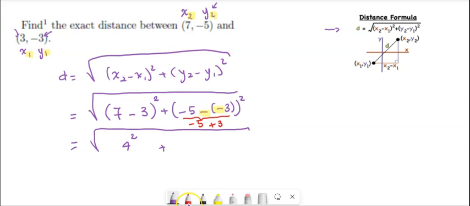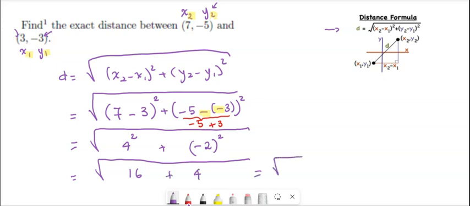That's going to give you -2. You put it between parentheses and then square it. So then you square and add. 4 squared is 16, and -2 squared is 4, so this is going to be the square root of 20 if you add the two numbers together.